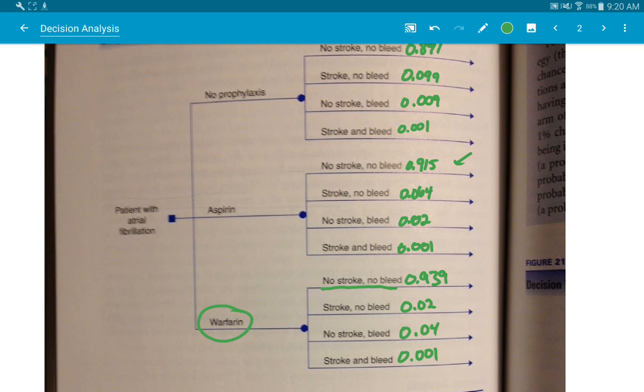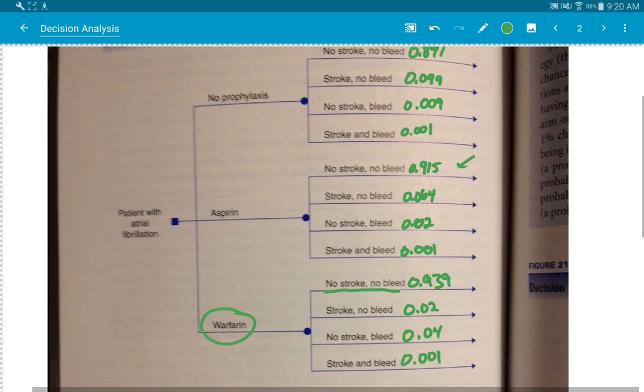I'm sorry, I'm not trying to oversimplify here, but you're actually applying some values, in that these are not equal outcomes. Some things you might want to avoid more than others, and the stroke is like the worst possible thing that could happen to this patient, so we want to avoid that, and the stroke is the least probability down here. I like that. Okay, go ahead.